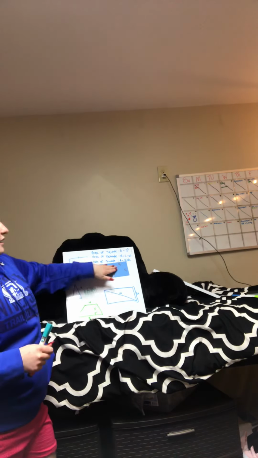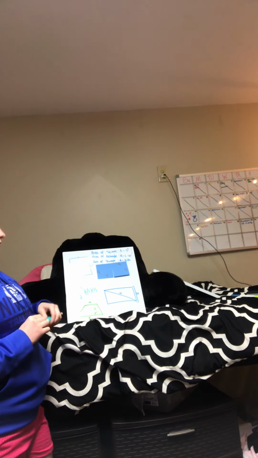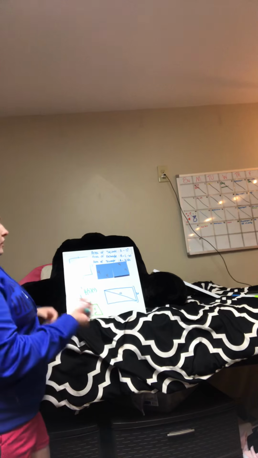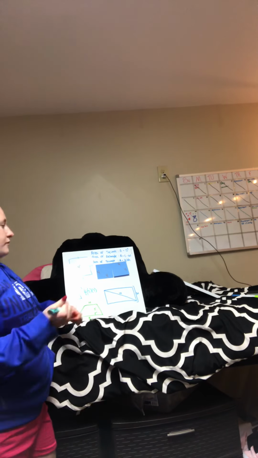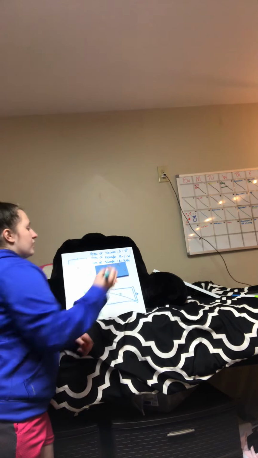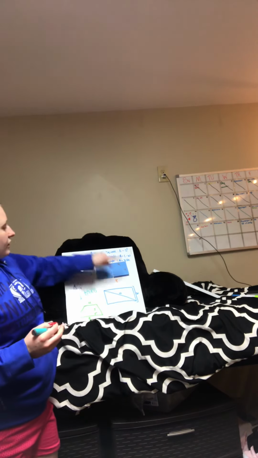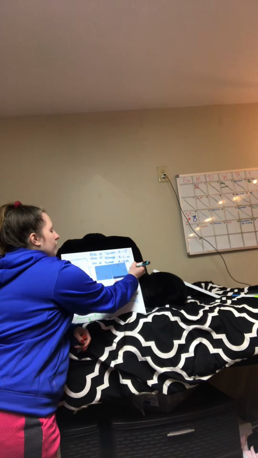How are we going to find this? If it's a rectangle, what is our formula? Length times width. So if this is 4 inches and this is 4 inches, what is our length going to be? 8. Alright, if this is 4 inches and this is 4 inches, what is our width going to be? It's going to be 4 because they're the same. We're not making that any longer. It would be different if we would put it like this.